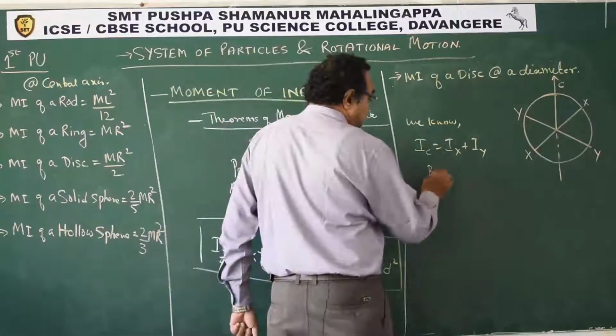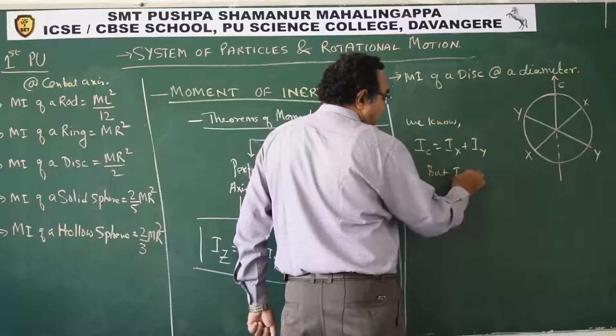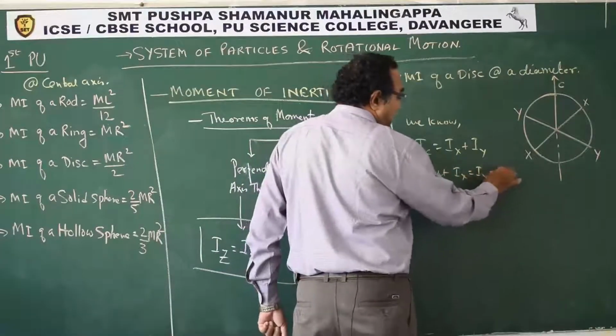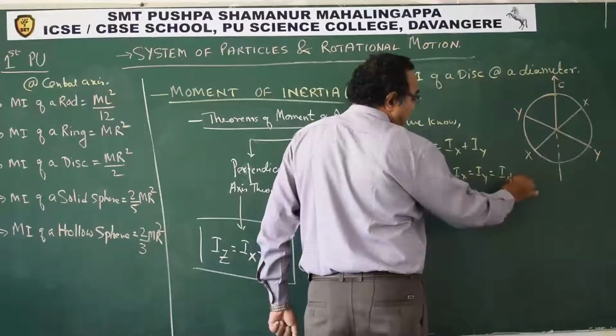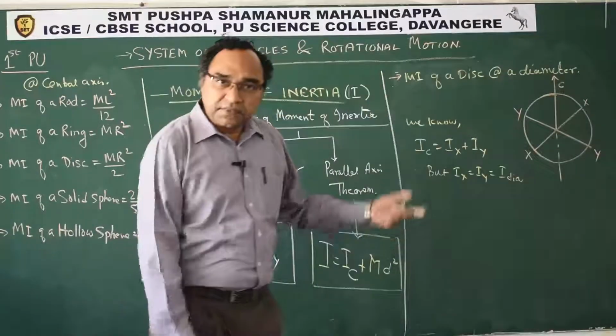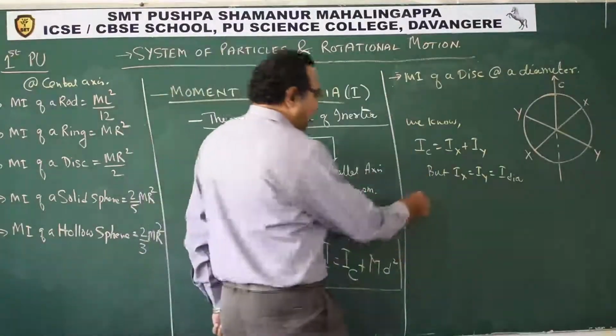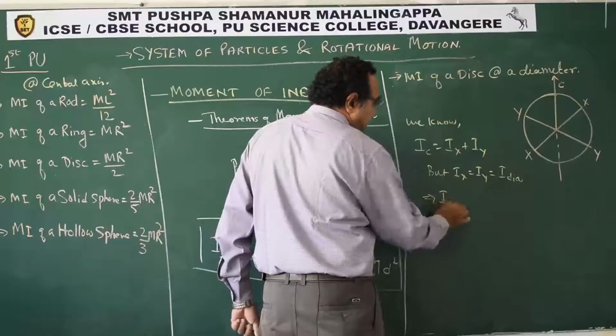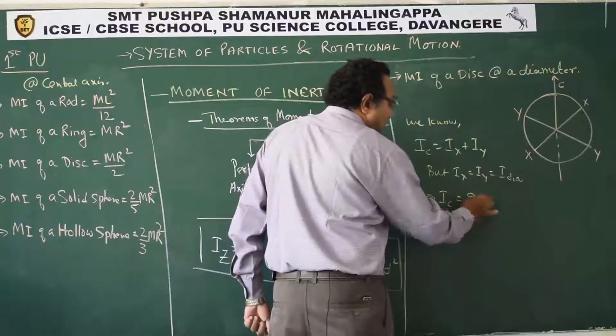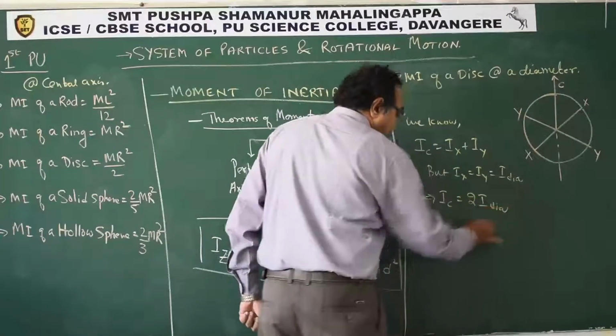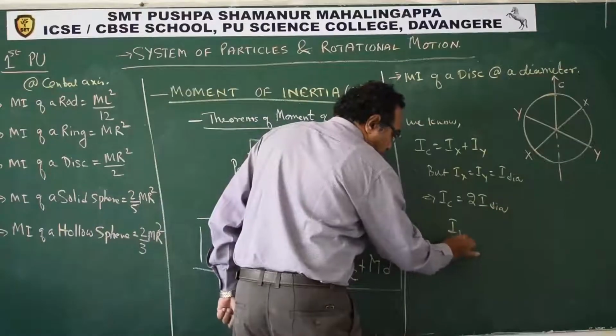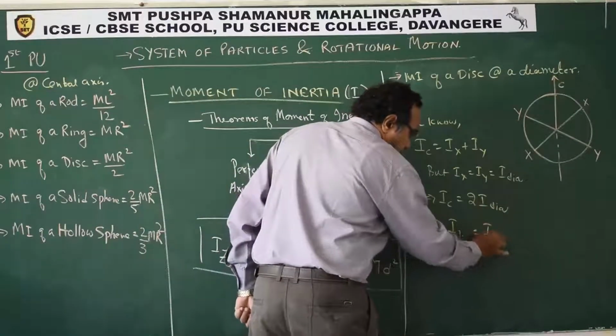But I_x is equal to I_y is equal to I diameter. Remember what we did in the ring? The same thing we are doing. So therefore we can say I_C is 2 times I diameter. So I diameter is I_C by 2.